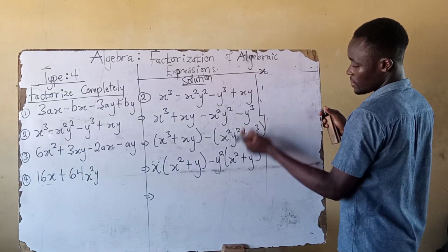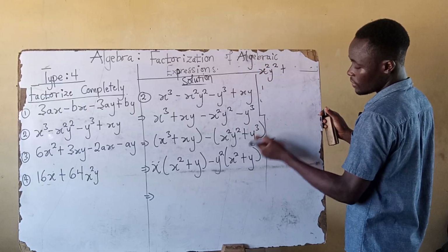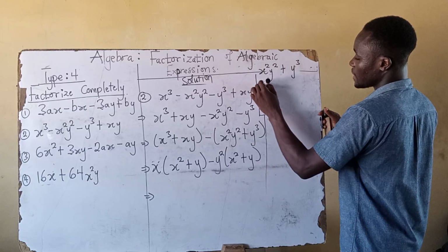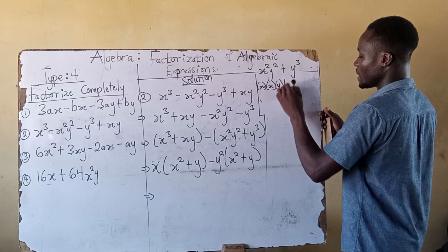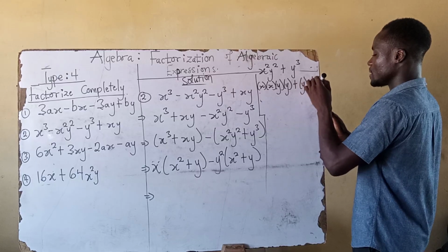I have my x squared y squared plus y cubed. So x squared y squared can be expressed as x multiplying x multiplying y multiplying y, plus y multiplying another y multiplying another y.